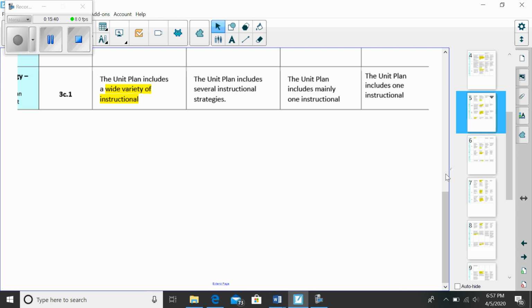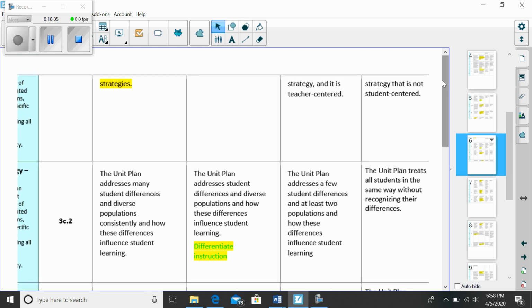All of those things add variety to what you're doing. But in my pre-calc lessons, I don't use a wide variety of instructional strategies. So if you just have a couple different strategies, some group work, some direct instruction, maybe a game, some sort of activity, some sort of technology, that'll give you a 3 for that line of the rubric.